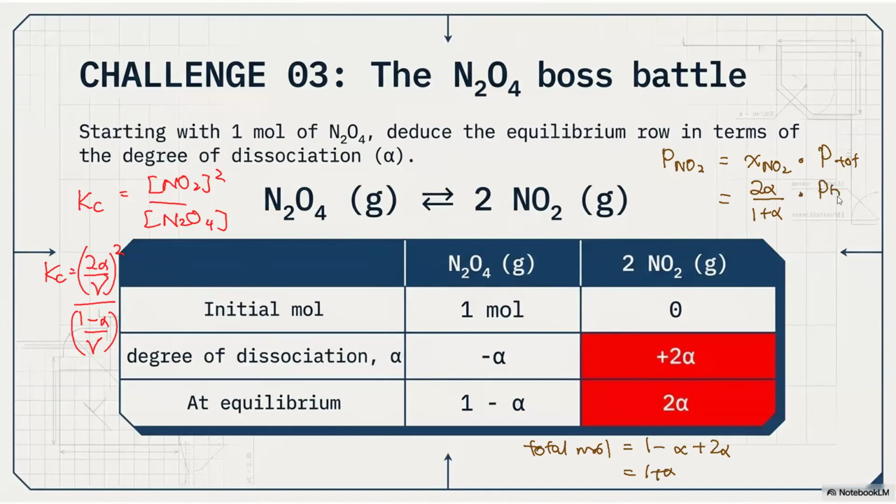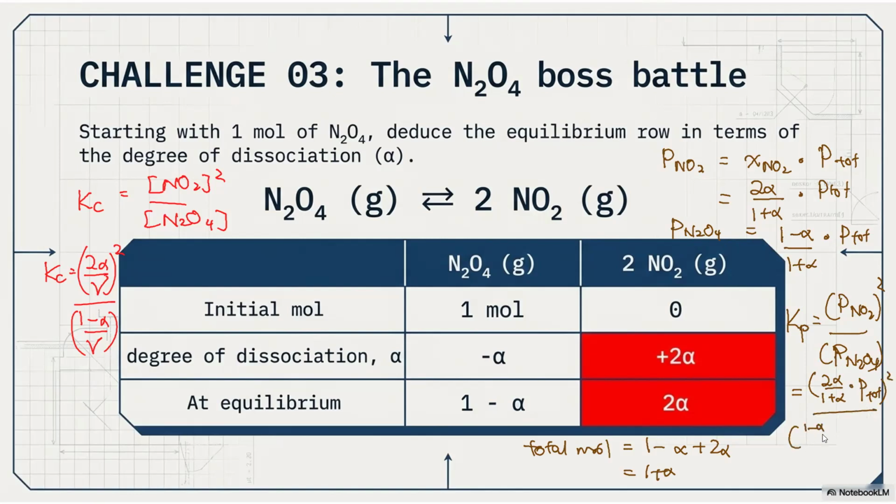Whereas the partial pressure of N2O4 will be equal to (1 minus alpha) over (1 plus alpha) times P total. Finally, when you express Kp, it is equal to the partial pressure of NO2 squared over the partial pressure of N2O4. So you substitute: Kp is equal to (2 alpha over 1 plus alpha times P total) squared over (1 minus alpha over 1 plus alpha times P total).